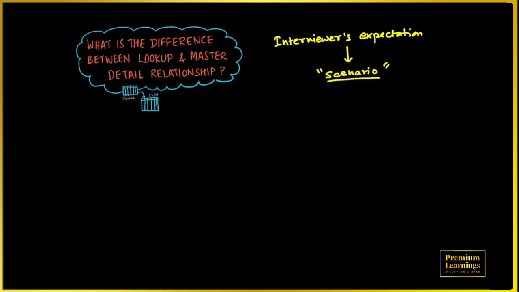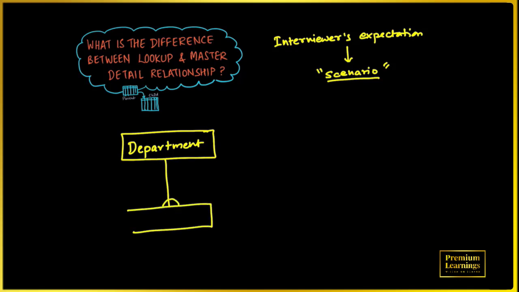You can explain in a way that lookup and master detail relationship fields are basically a foreign key in a particular table. They help two tables to connect with each other. For example, if there is a table called department, and this department can be associated with another table called employees, and it is a one-to-many kind of relationship.